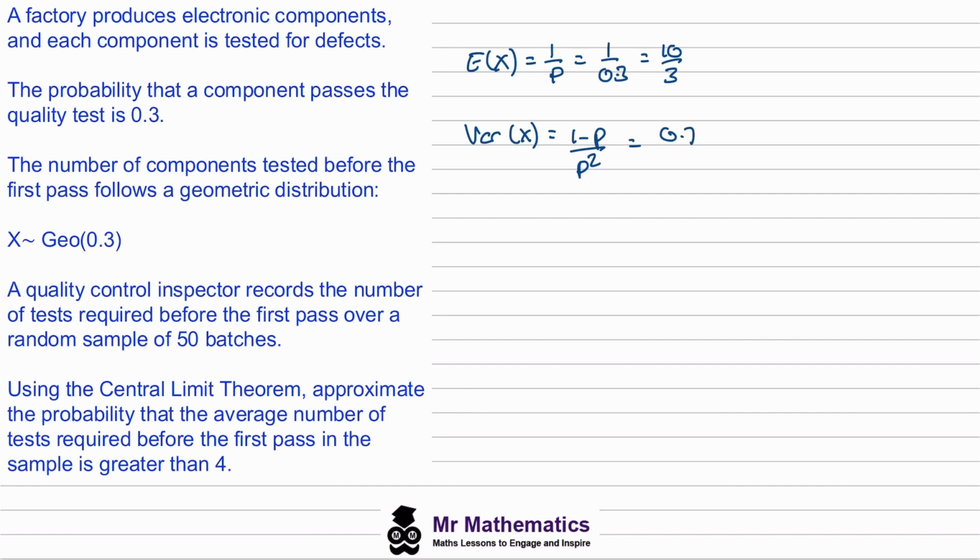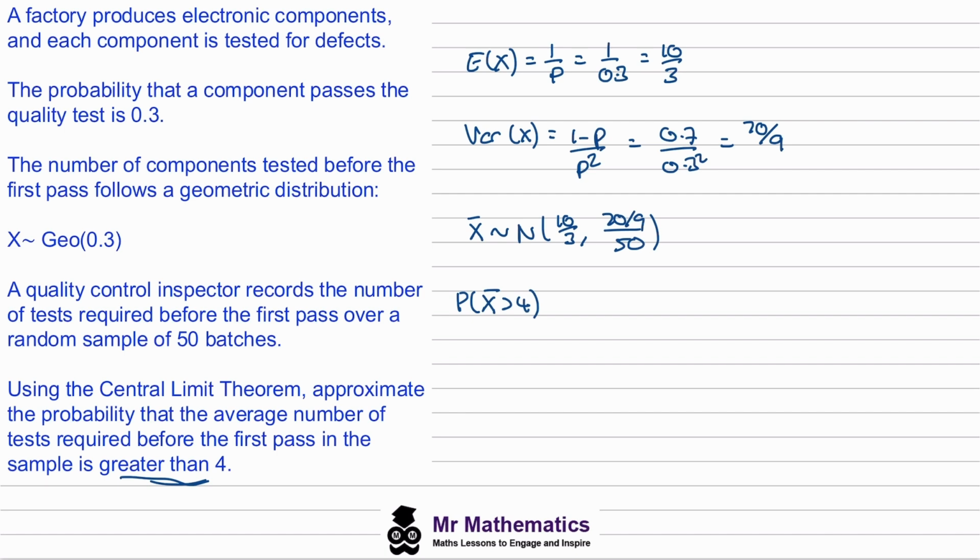So 0.7 over 0.3 squared. And this gives us 70 over 9. So now we can define the normal distribution for a sample mean. This will have an average of 10/3 and a variance of 70 over 9 divided by 50. And we want the probability of that sample mean being greater than 4.